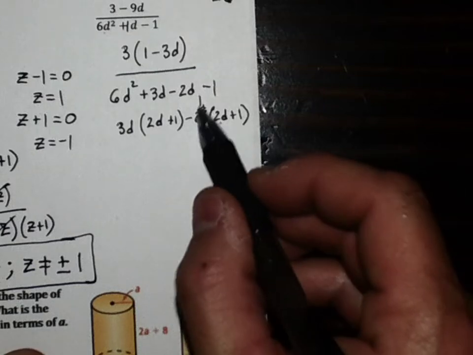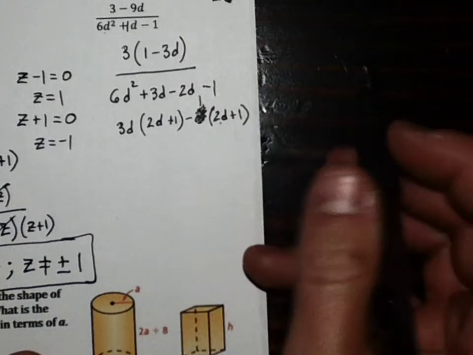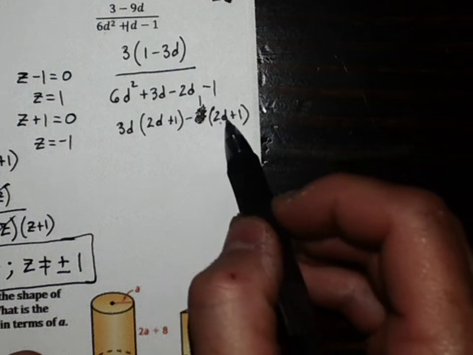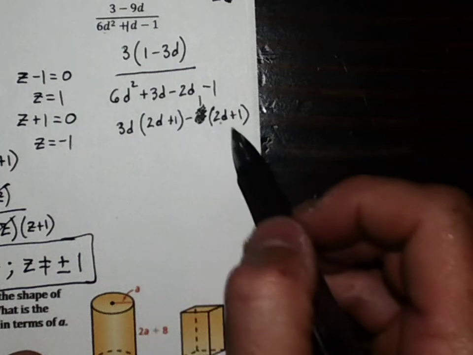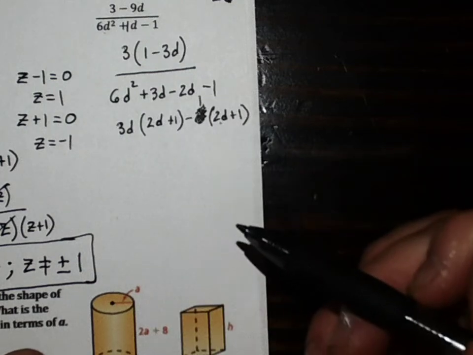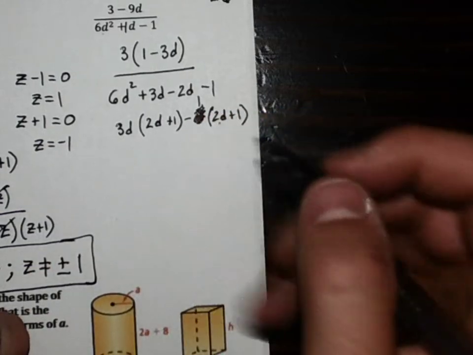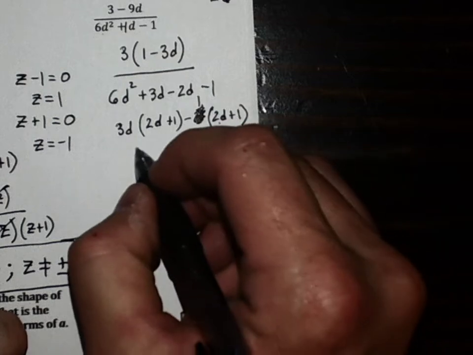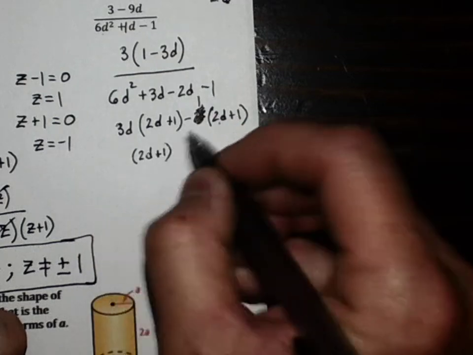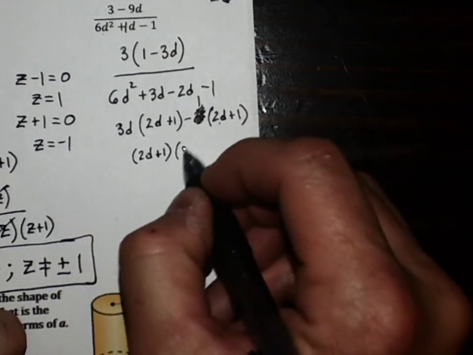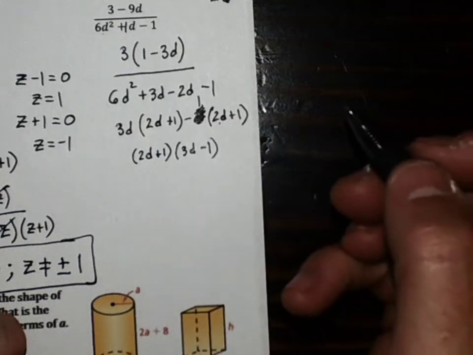So that's not a d. It's just a 1. Okay? Double check. Negative 1 times 2d is negative 2d. Negative 1 times positive 1 is negative 1. We're good. So our factors are, take out the 2d plus 1, leaves behind a 3d minus 1.